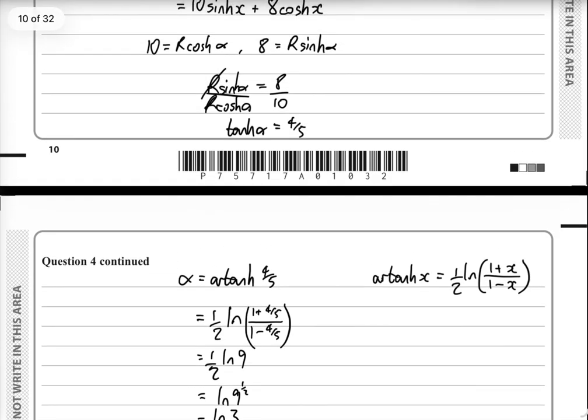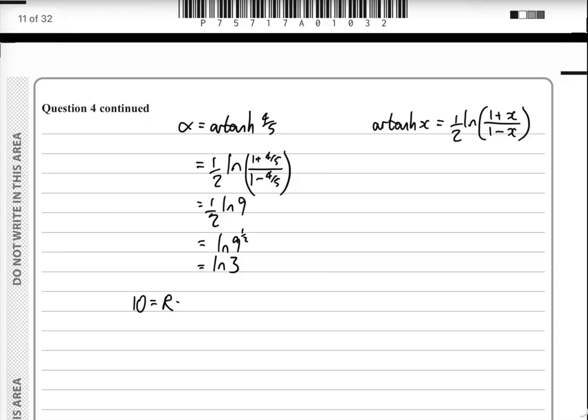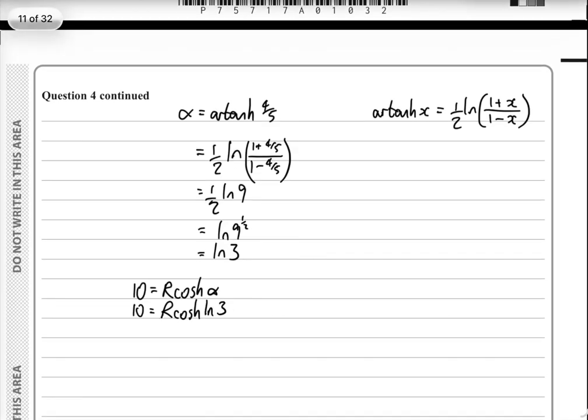Now I can drop that back into 10 equals r cosh alpha. There is a quicker way of finding r, but I'm going to go through the motions here using cosh. 3 plus 1/3 over 2 is 5 over 3, so 5/3 of r is 10.